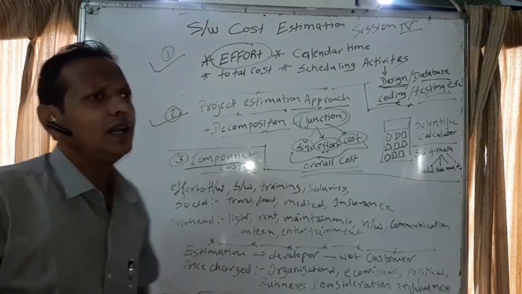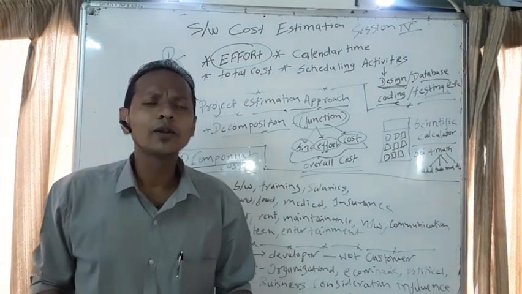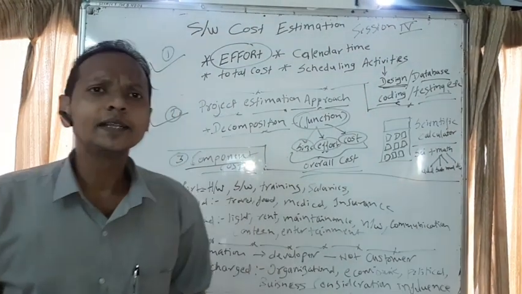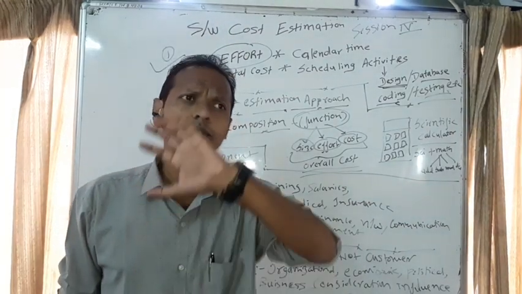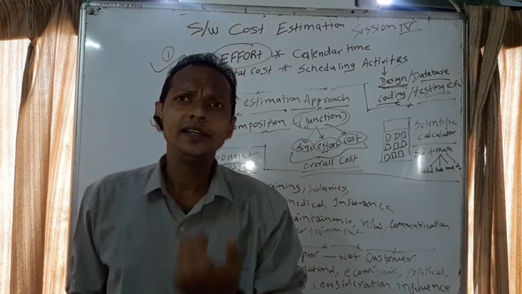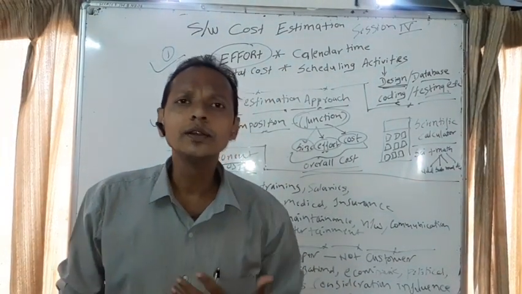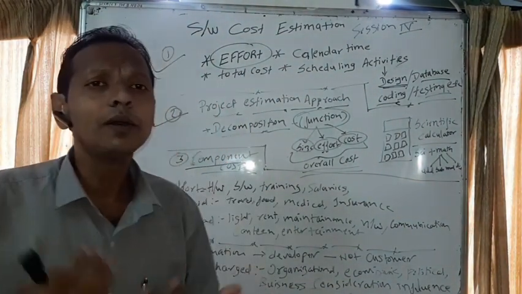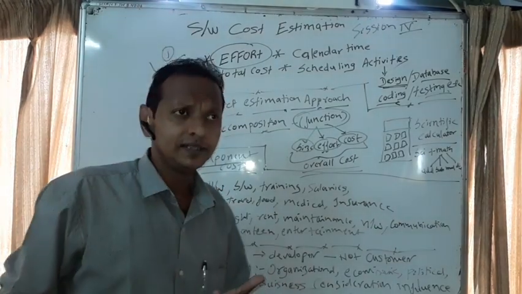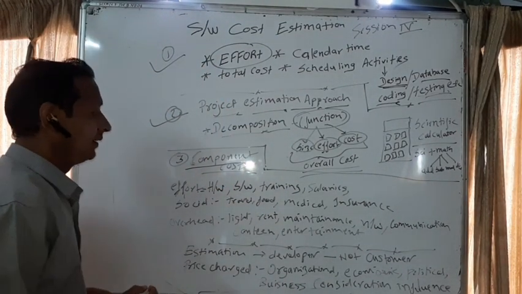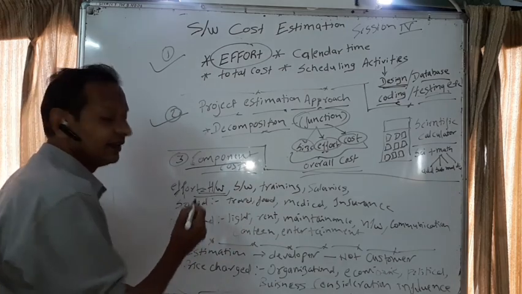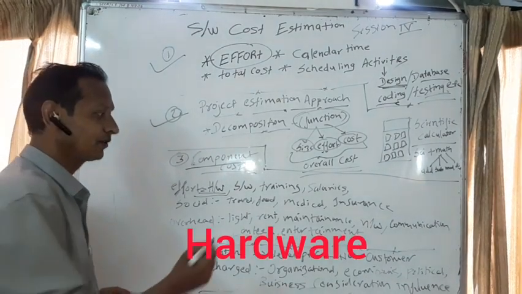Apart from the manpower cost and the setup cost, there are a lot of components which we don't focus on initially, but when we start working on the project, we come across them. In simple terms, there is the hardware cost needed to develop software.